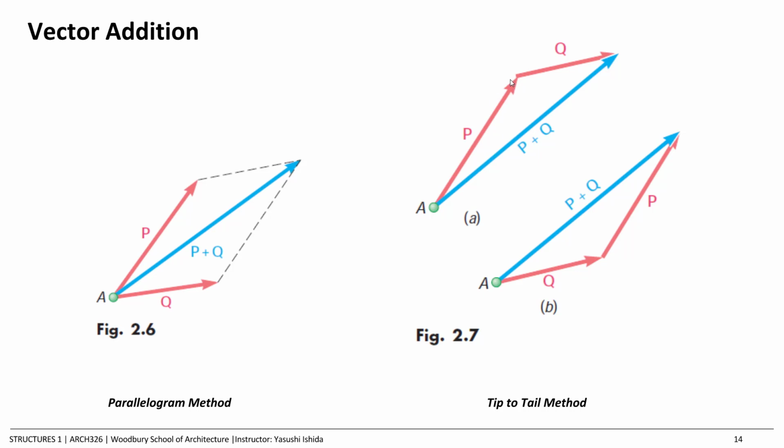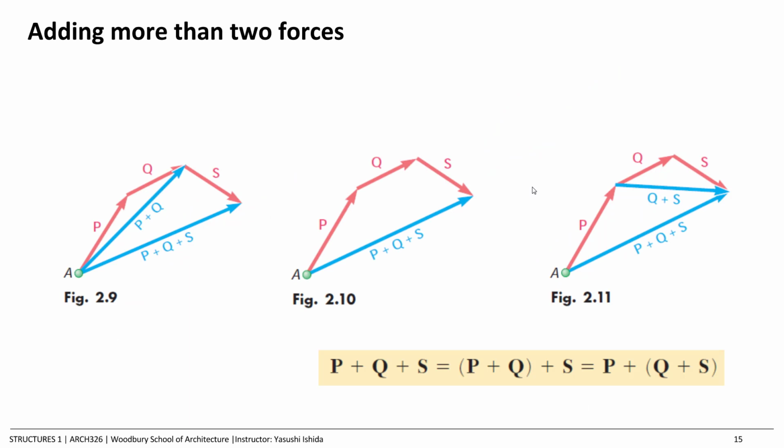You connect the 2 vectors literally from tip to tail, and that's your endpoint. That ends up being P plus Q. In the opposite order it's Q plus P, but P plus Q and Q plus P are the same thing, pretty much like adding numbers.